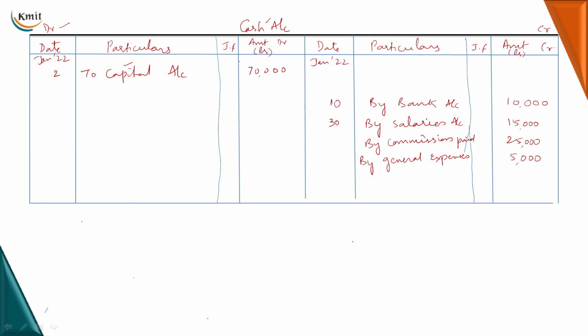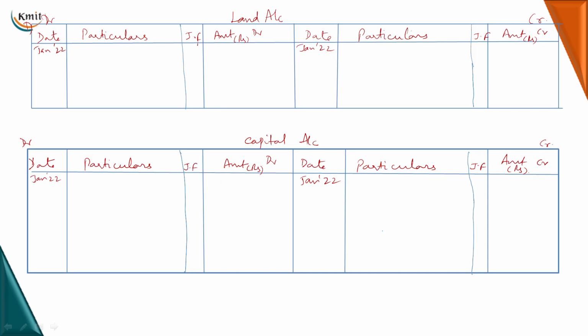For every debit entry there will be an equal corresponding credit entry. Now we have made a debit entry, so the credit entry would be in the capital account. So we now select the capital account, and here we are going to write it as, already the debit entry is done in the cash account.